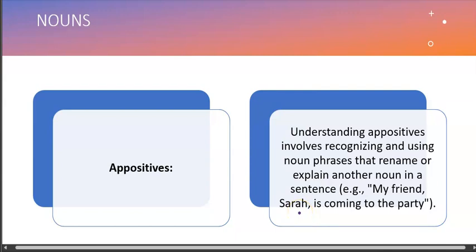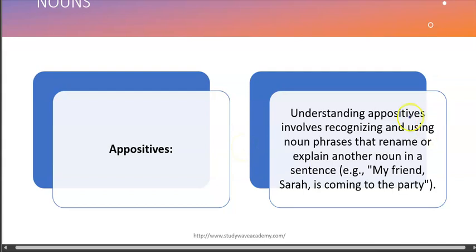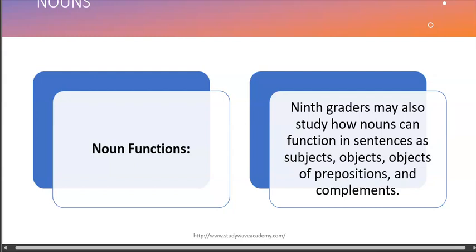So you find that my friend Sarah, so Sarah is an appositive because it just adds more information about this other noun, the my friend noun.